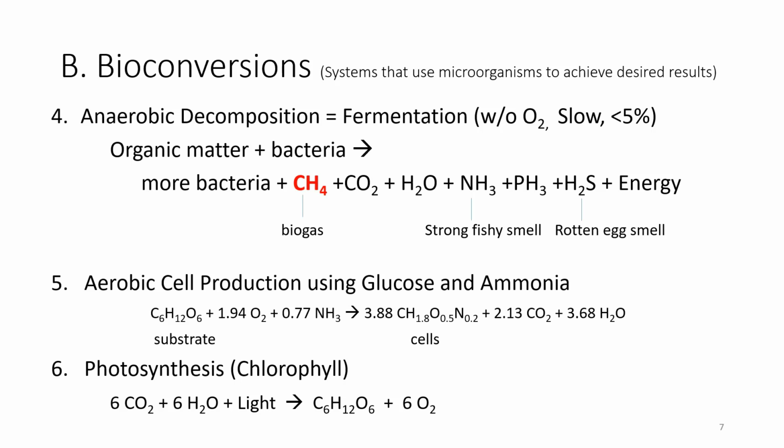The latter allows it to be known as a renewable energy technology. Other important reactions involving organisms include aerobic cell production using glucose and ammonia, and the familiar photosynthesis, where green plants use sunlight to make sugar and oxygen from carbon dioxide and water.